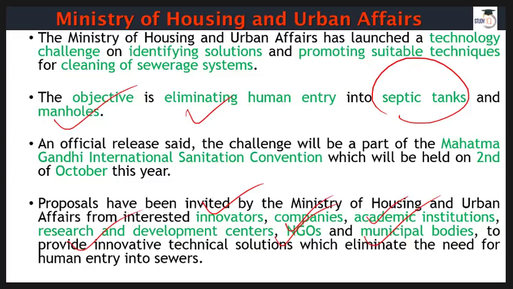Many times it costs lives as well, and this is something that we can do with the help of technology or machines, or we can innovate some devices, and the challenge is out there. If you think that you can contribute in it, then make sure you take part in it, right? Mahatma Gandhi International Sanitation Convention, which will be held on 2nd of October this year, this challenge will become part of it.